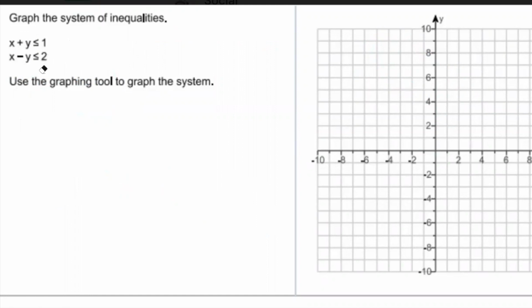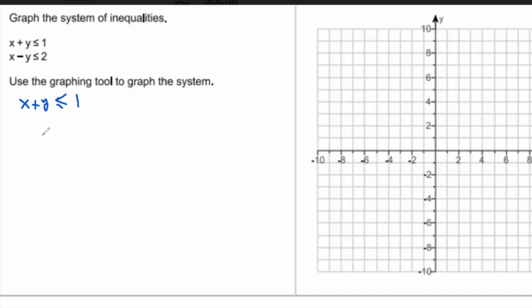So in this problem, we have got a system of inequalities, meaning two equations of two lines, and we have to graph them on the same piece of paper. Same thing, we have to solve for y for both of them. So for the first one, we write x plus y less than or equal to 1.